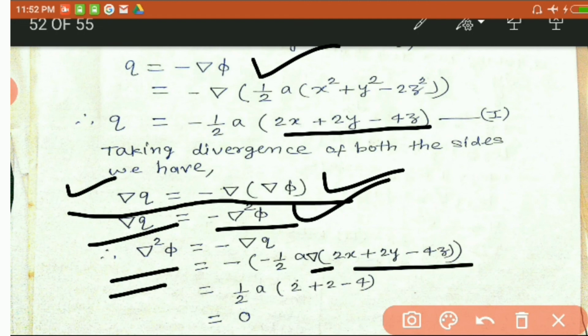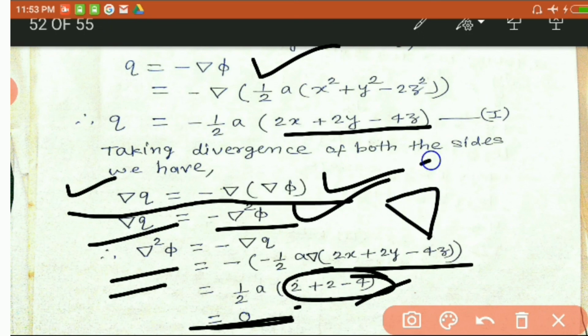So minus minus plus 1 by 2a, and del of 2x is 2, del of 2y is 2, del of minus 4z is minus 4. So 2 plus 2 is 4, minus 4 is 0. So 0 into this is 0. So we get del square phi is equal to 0, and hence the Laplace equation is satisfied.